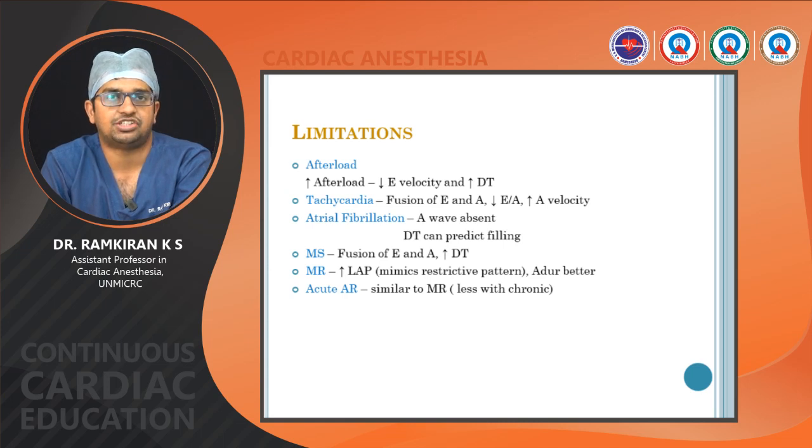In atrial fibrillation, the A wave is absent, and in mitral stenosis, due to calcification and other things, there is also a fusion of E and A waves. In MR, there is an increase in left atrial pressure, so it mimics the restrictive pattern, but ultimately in this subset you need to measure A duration, which gives a better predictive value.